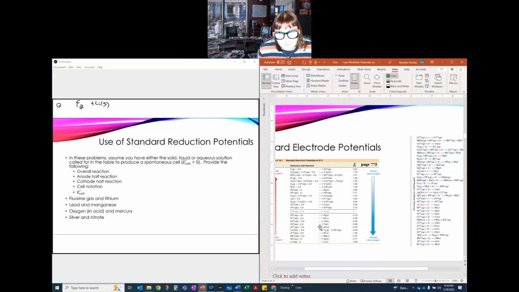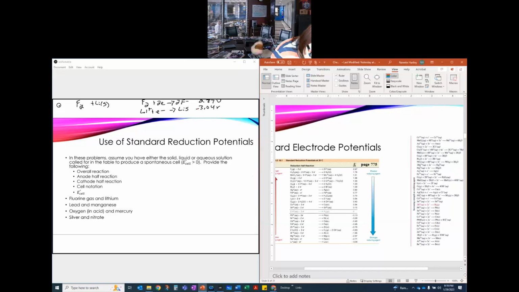So when we look, F2 is up here, and that's a 2.8. F2 plus 2 electrons goes to 2 F minus, 2.87 volts. When we talk about Li solid, that's this one down here. So we have Li plus plus an electron going to Li solid. That is, as written, negative 3.04 volts.